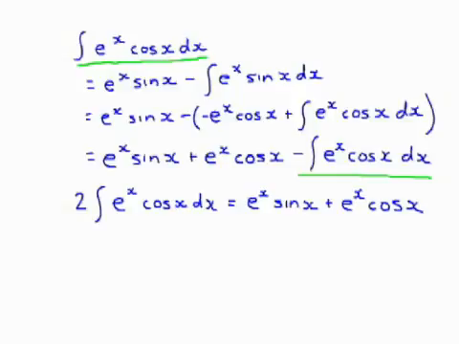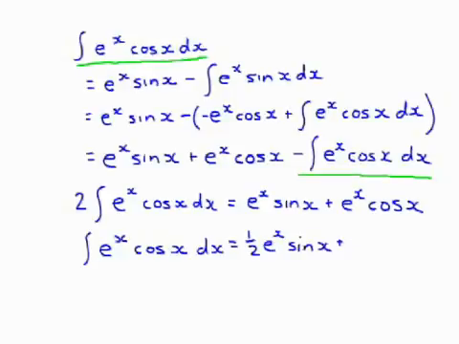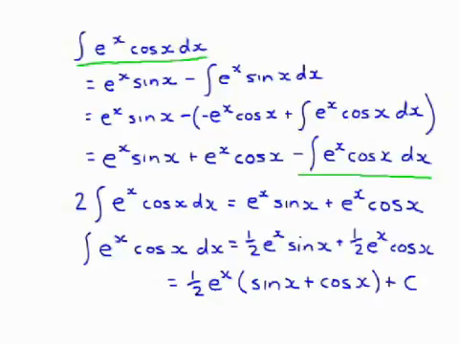So now I have the integral of e to the x cosine x dx is equal to 1/2 e to the x sine x plus 1/2 e to the x cosine x. Common factor out a 1/2 e to the x, and you're left with in the brackets a sine x plus cosine x, and then we tack on plus c, where c is an element of real numbers.